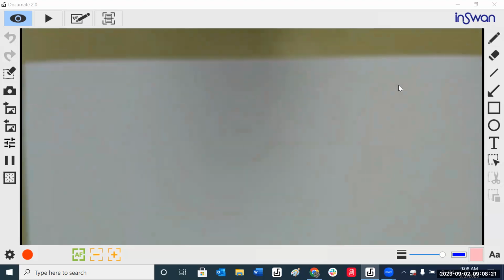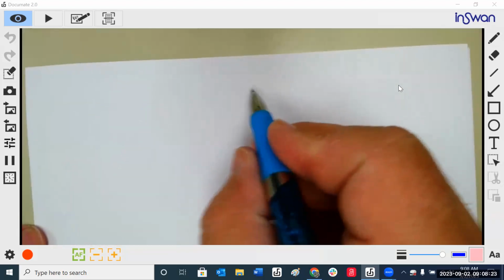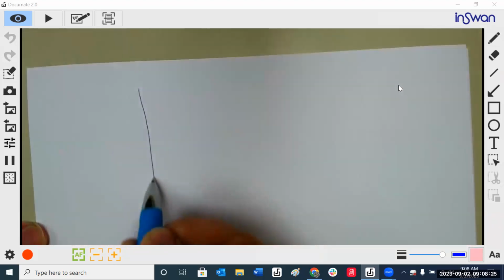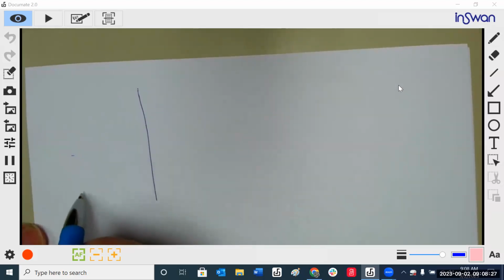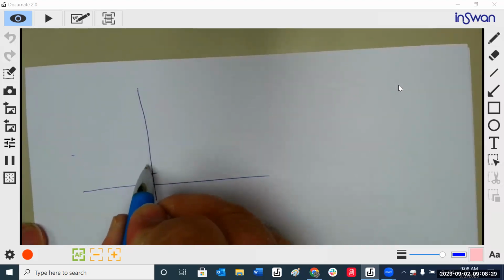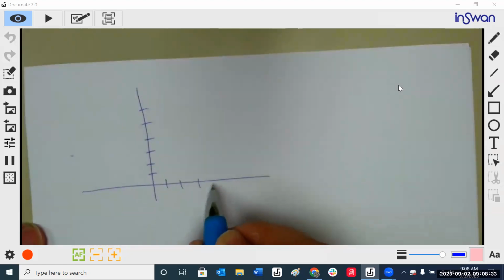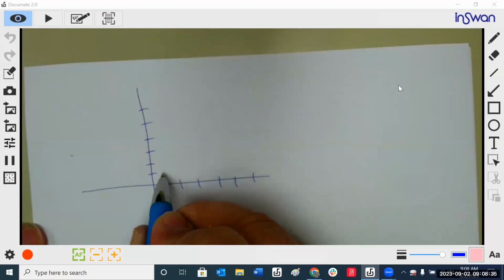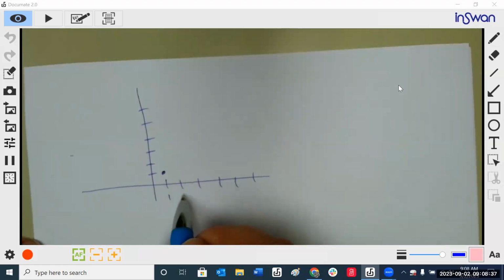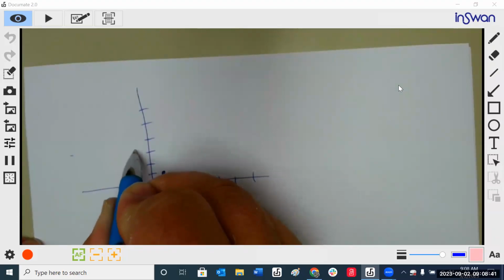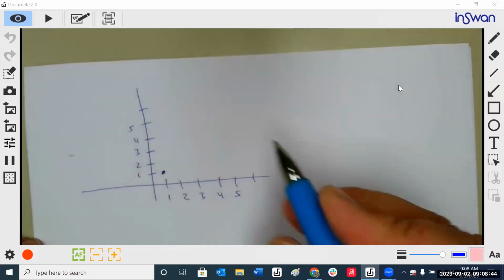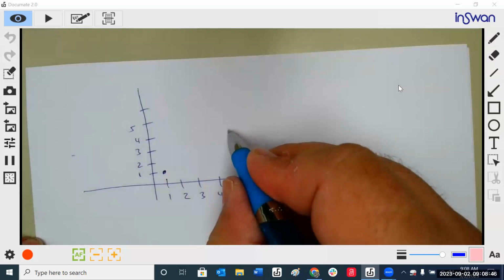Now, let's go back to the graph we had earlier. We had a point at 1, and we had a point at 5, 4.